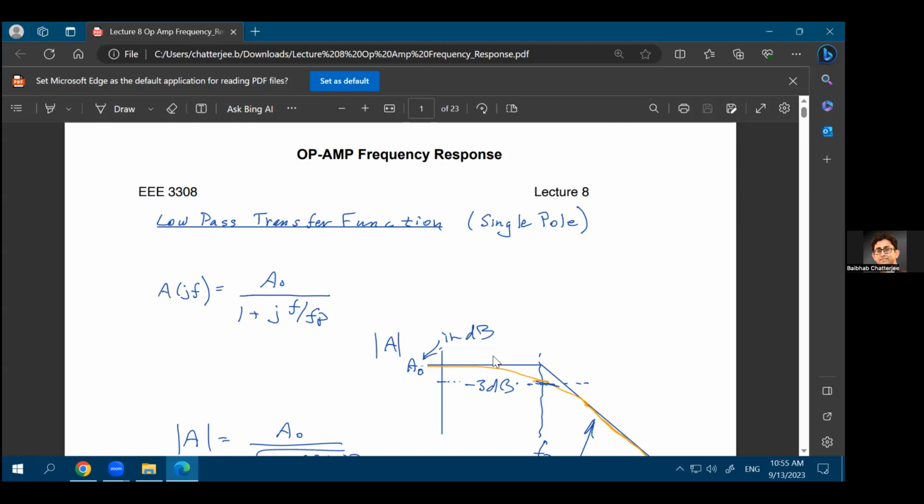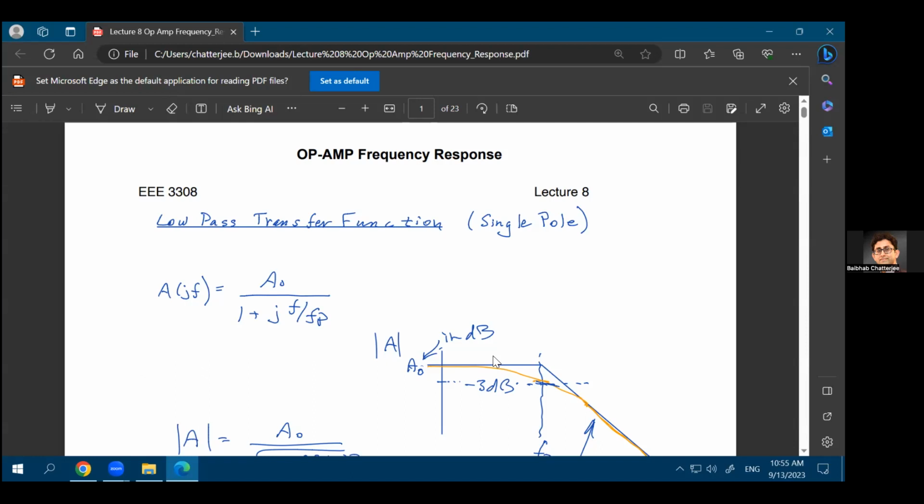We are assuming that you already know about Laplace transform and this kind of transfer function. So if a transfer function looks like this, with s plus a times s plus b in the numerator, and s plus c times s plus b in the denominator, if your s is equal to minus a, what would happen to the numerator?